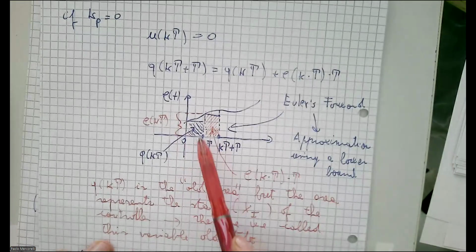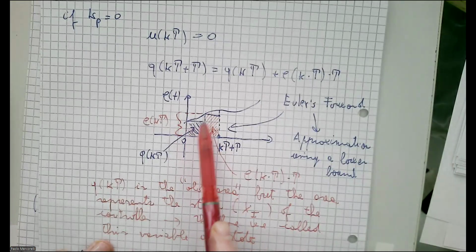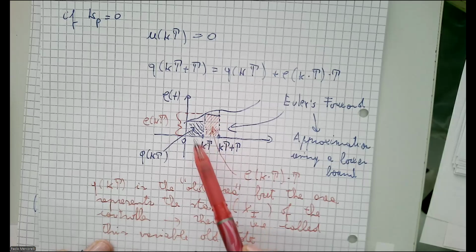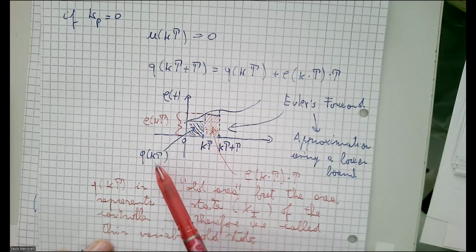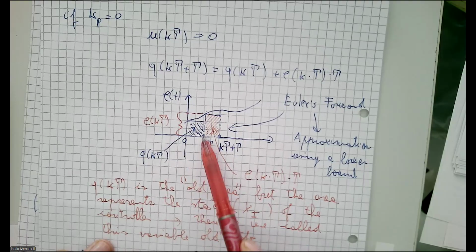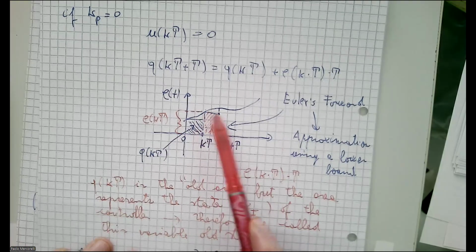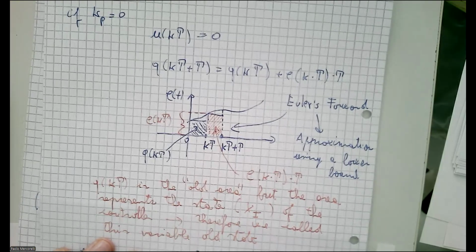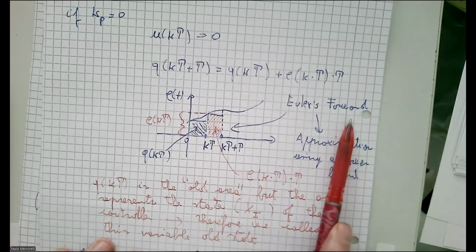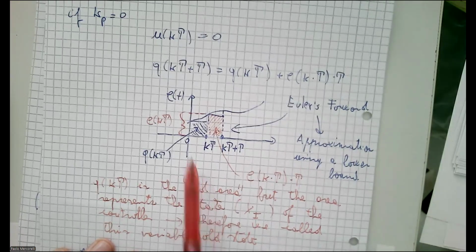If you remember in high school or in math, if the integral represents the surface between the function and the x-axis, this horizontal axis, we have an approximation of the surface. If I consider this discretization, it doesn't matter which kind of discretization. In this case, Euler forward, but any kind of discretization realizes an approximation.